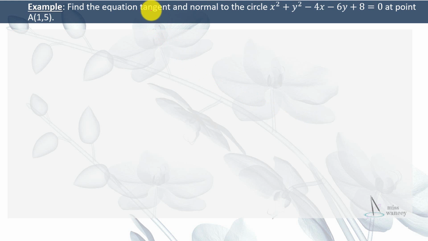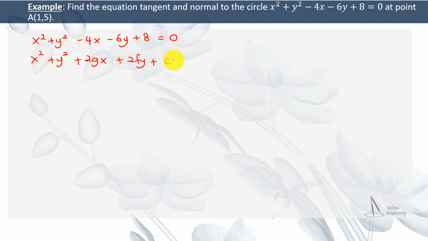Find the equation of tangent and normal to the circle x squared plus y squared minus 4x minus 6y plus 8 equal to 0 at point A(1, 5). We have the equation of the circle, and we compare it with the general equation x squared plus y squared plus 2gx plus 2fy plus c equal to 0.